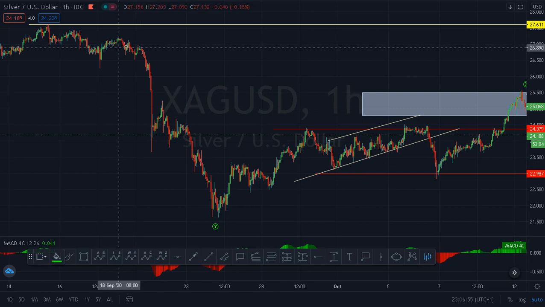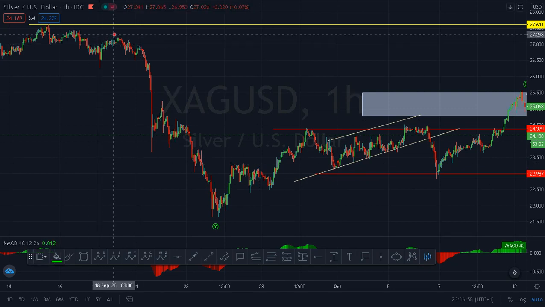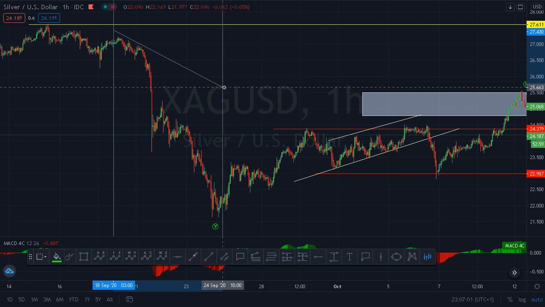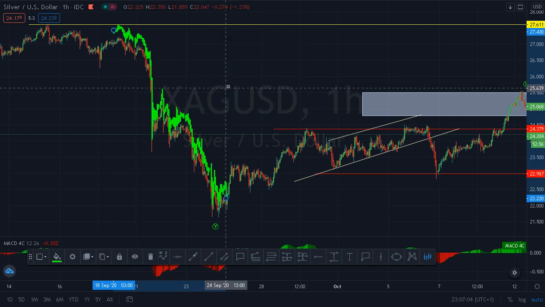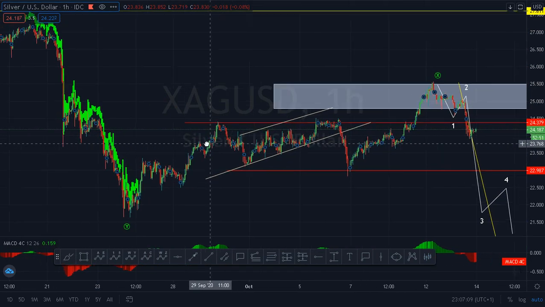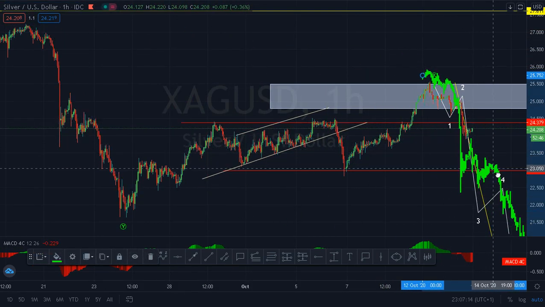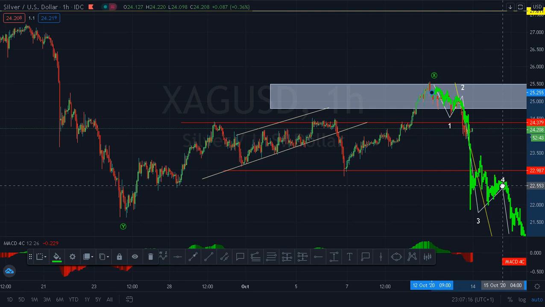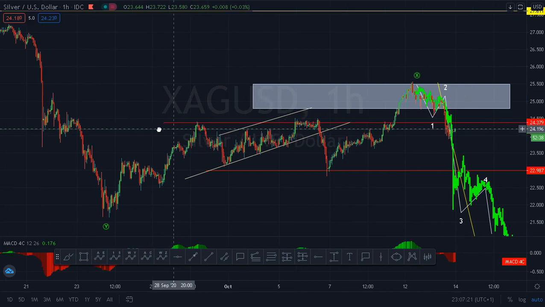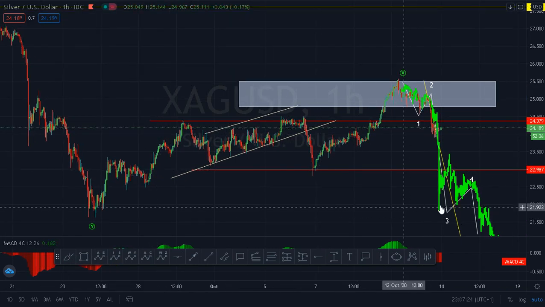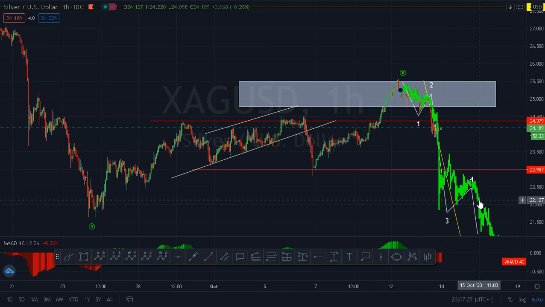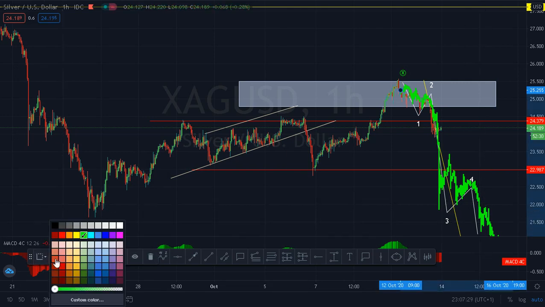Let me show you something. The Z wave may do something like this, and you can see it is even similar. So we might get something like this on the final wave Z. We keep watching to know how it develops.